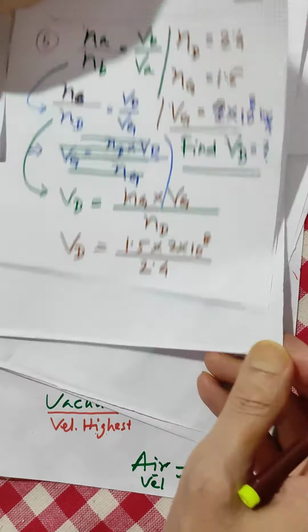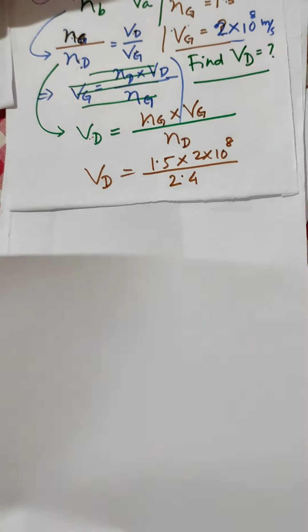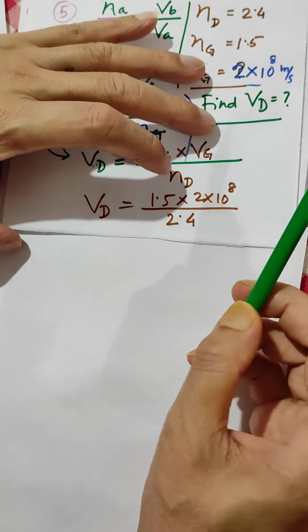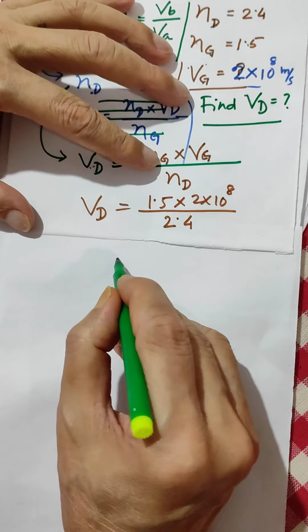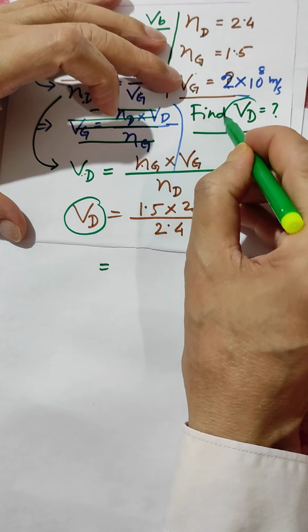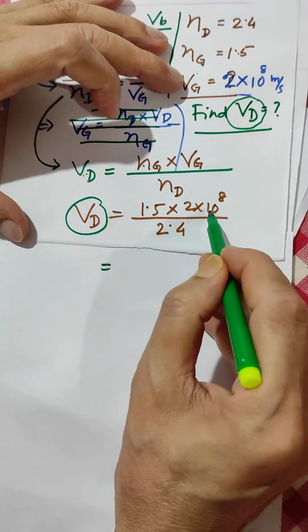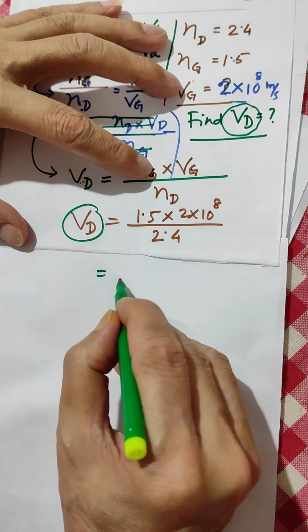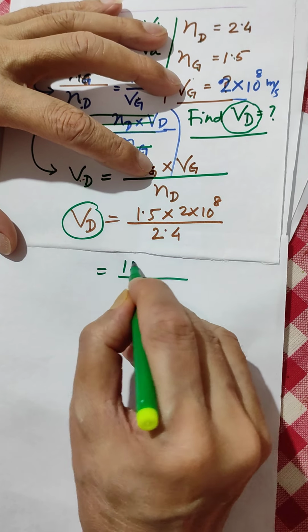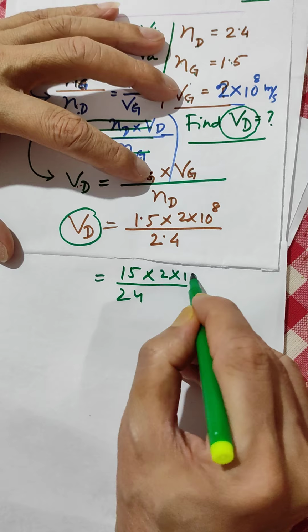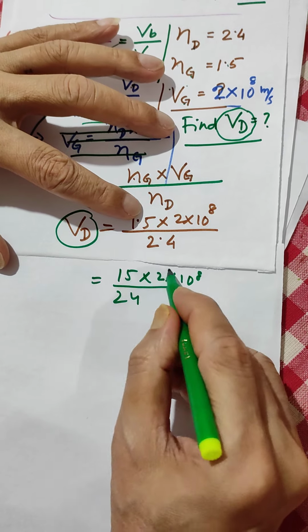Okay, now let us see further. So we need to find VD. VD equal to, we got this value, isn't it? Now just a matter of calculation. So this is 15 by 24 into 2 into 10 to the power 8. So 2 and this cancel 12.